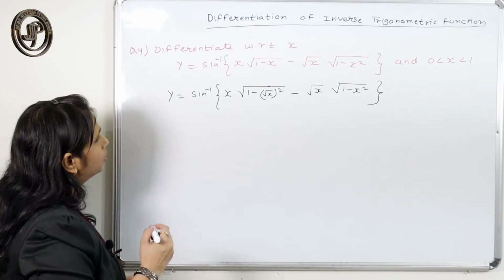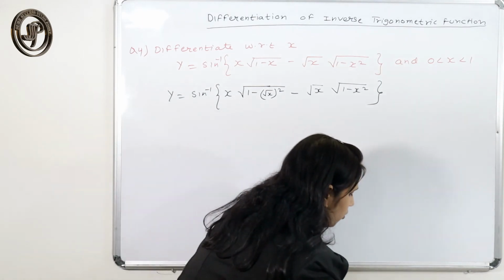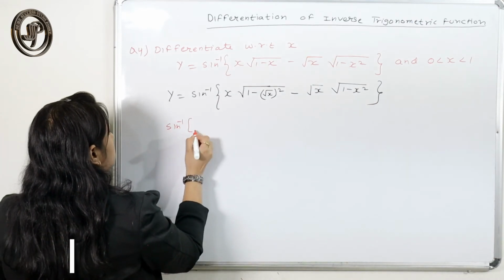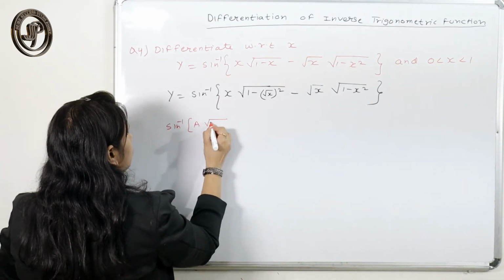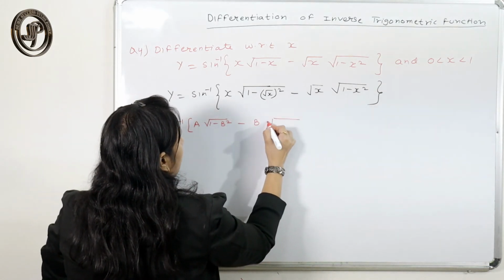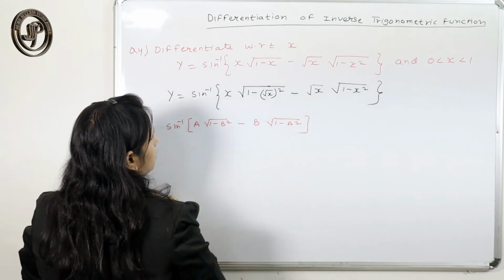Suppose you have a formula that sine inverse of A under root 1 minus b square minus b under root 1 minus a square.